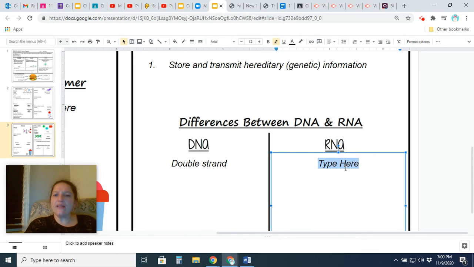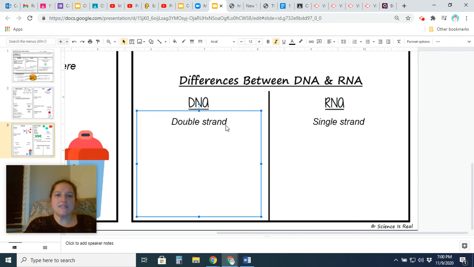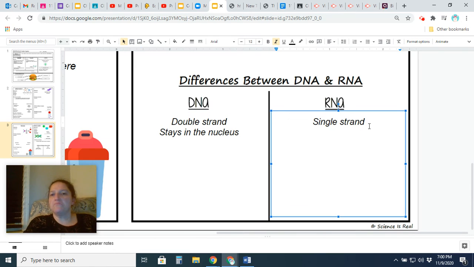And then the RNA is a single strand. DNA stays in the nucleus of the cells. RNA travels outside of the nucleus.